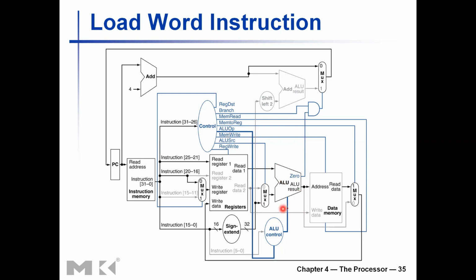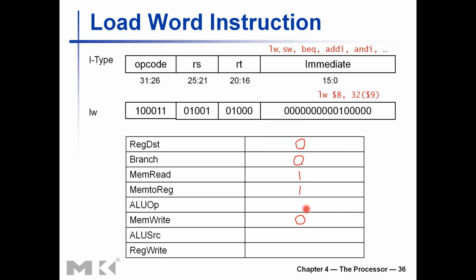So the ALU op signal is set to 0, 0. So how do we know that? That is how we have defined it in the previous slide when we started looking at the control unit.